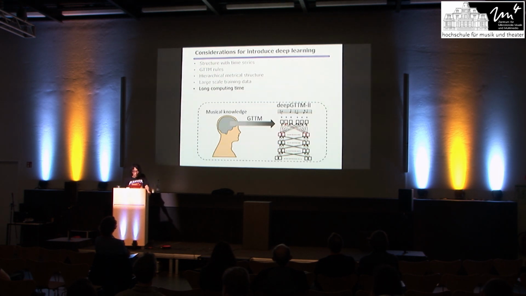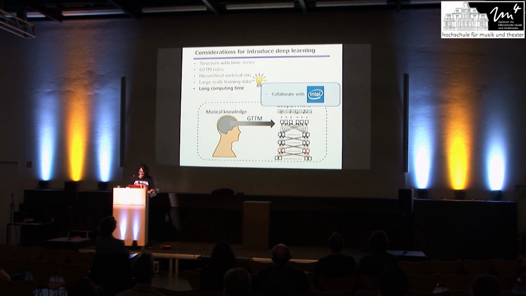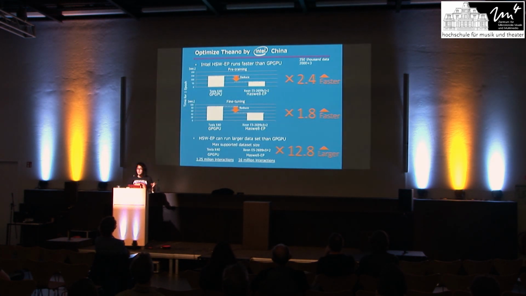The final one is long computing time. Our solution to this problem is very simple: to collaborate with Intel. We collaborated with the Intel China team, and they optimized the Python mathematical library called Theano. And here's the result.